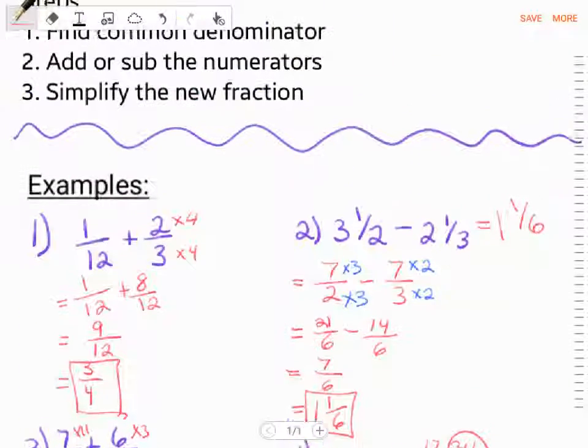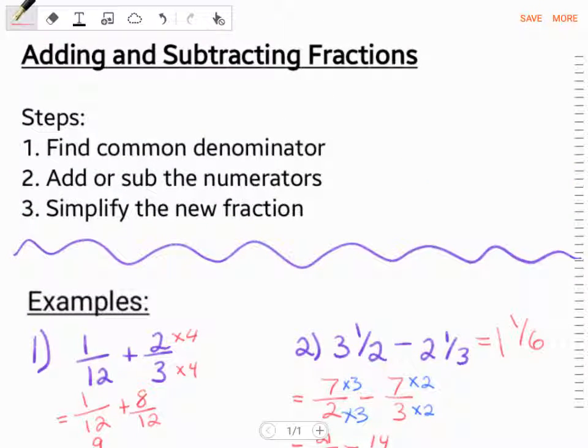So I hope this has helped a little bit with the adding and subtracting. Guys, remember, adding and subtracting is extremely different from multiplying and dividing. Remember, with multiplying and dividing, you always have to change those mixed numbers over to improper fractions. If you're dividing, you've got to multiply by the reciprocal and all that fun stuff.